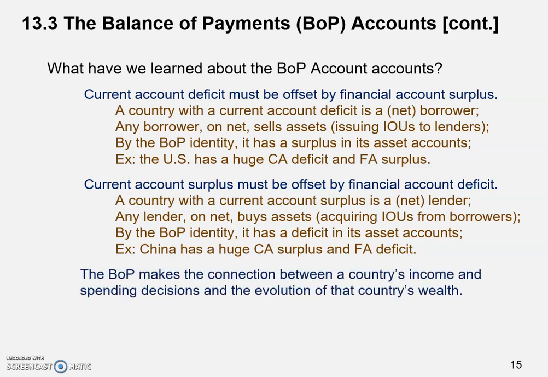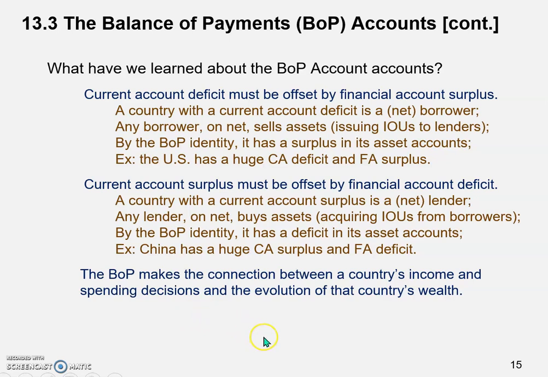Putting it together, the BOP actually makes the connection between a country's income and spending decisions in the evolution of that country's wealth. Okay. Again, as we said, the current account, for example, shows you if the country makes money or not through international trade, and then the financial account will tell us their spending decisions.